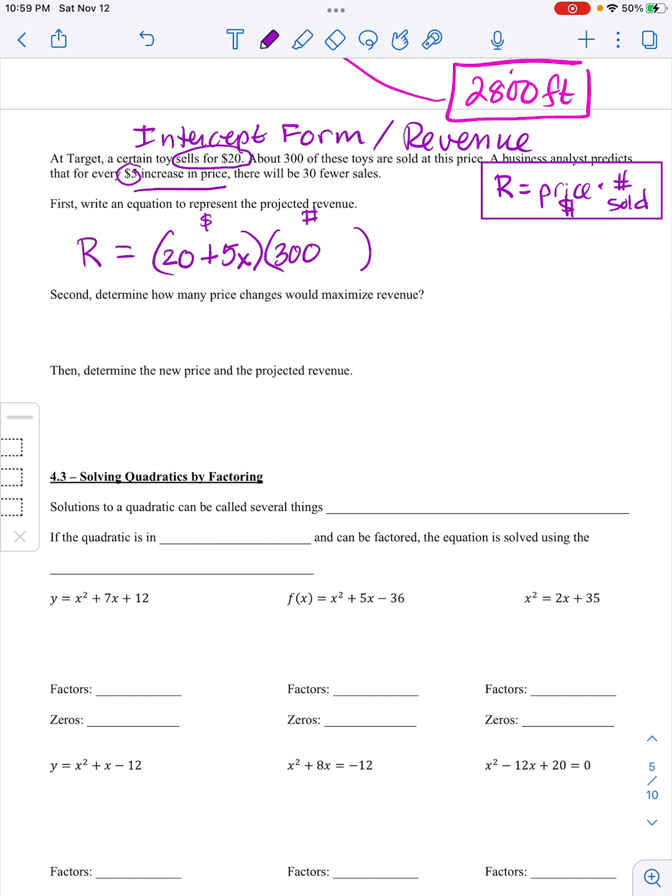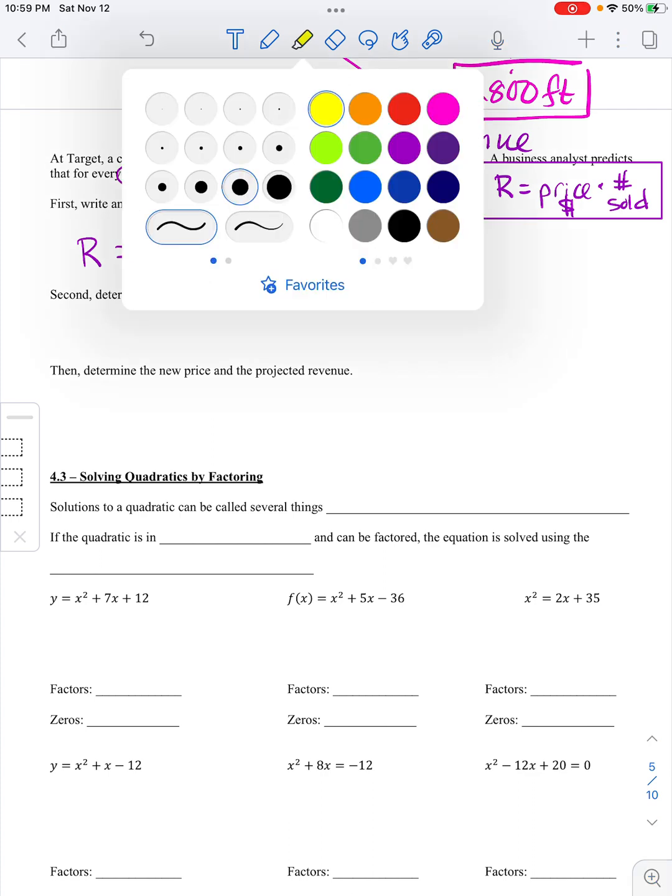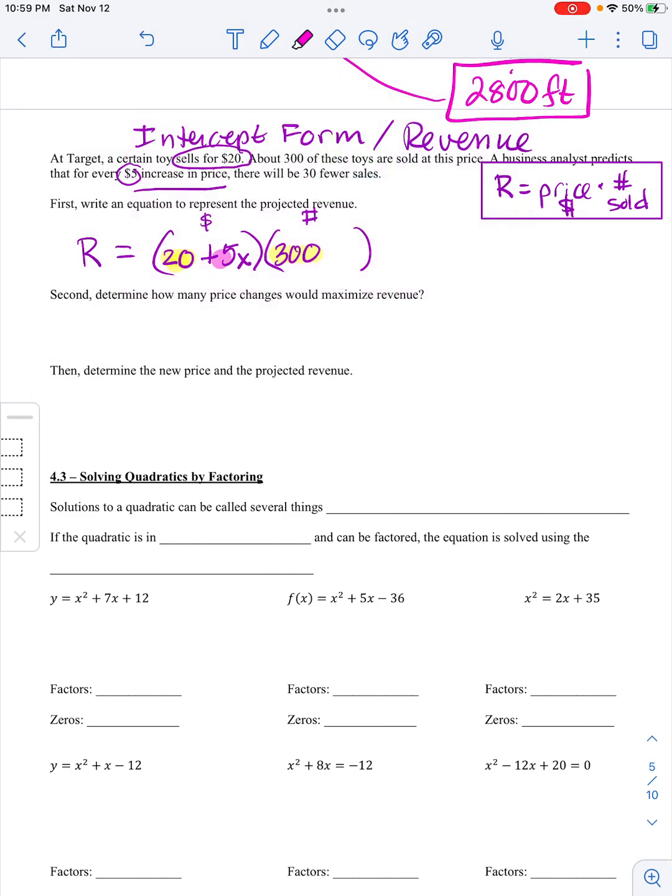So that's how I set this up. These values are going to be my initial price and the initial number I sold. This second number is going to be how much I'm going to change the price by, and then how much that's going to change the number sold.